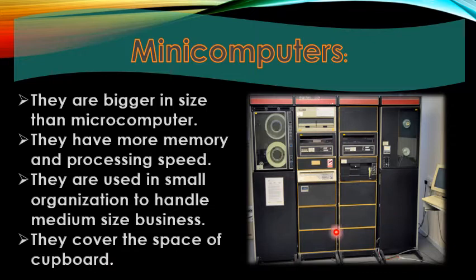Here you can observe it is looking like a cupboard. When we were talking about microcomputers, they cover the space of a table. Now here you can see that the size is increased when we go from microcomputers to mini computers.